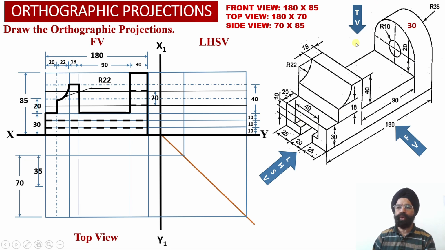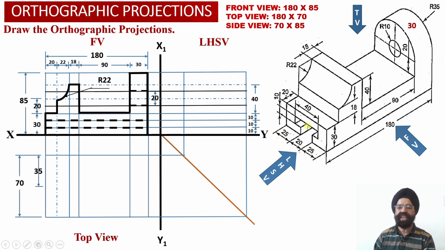As we look at the solid from the top, we observe that this T slot has been provided centrally onto the base of this object. Now we observe that the depth of the solid happens to be 70 millimeter.